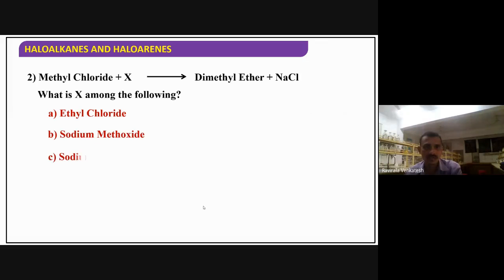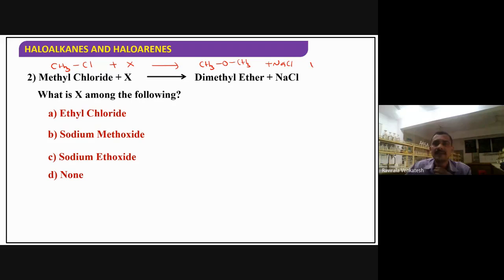Now tell me what is the answer? What is X asking? Methyl chloride, CH3Cl, on reacting with what here? We don't know X. So we got dimethyl ether plus NaCl. Just now we discussed the Williamson synthesis reaction.